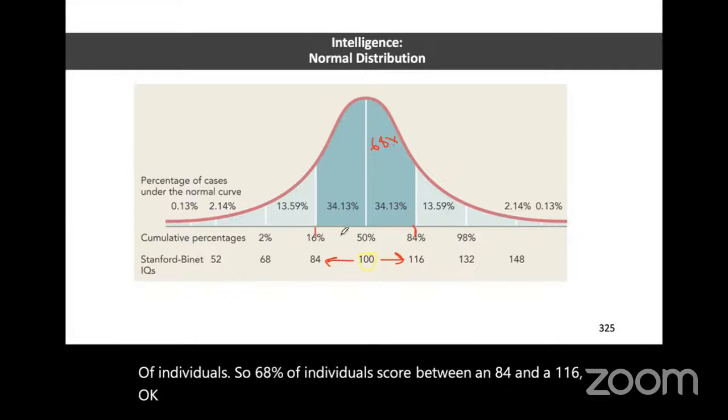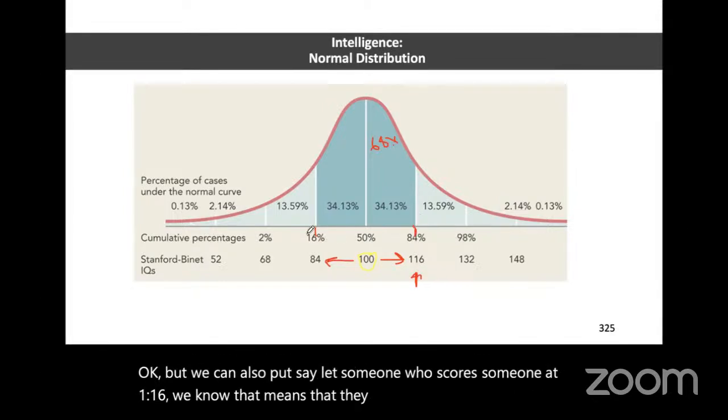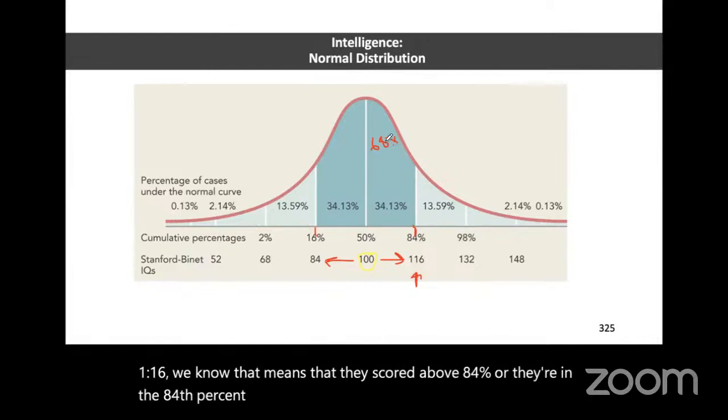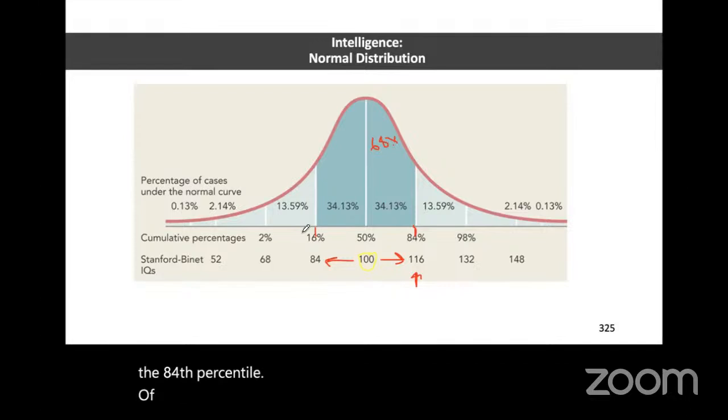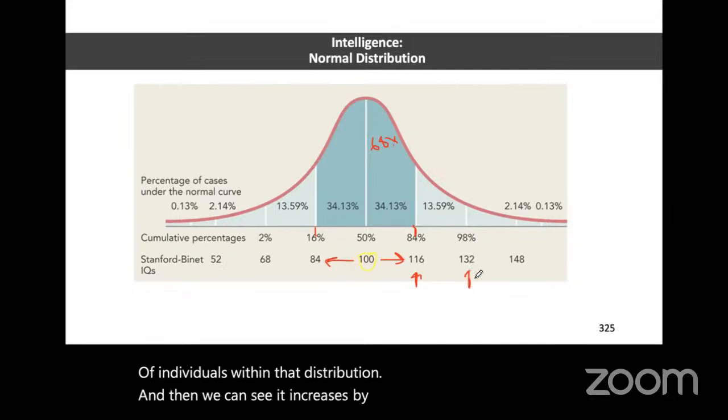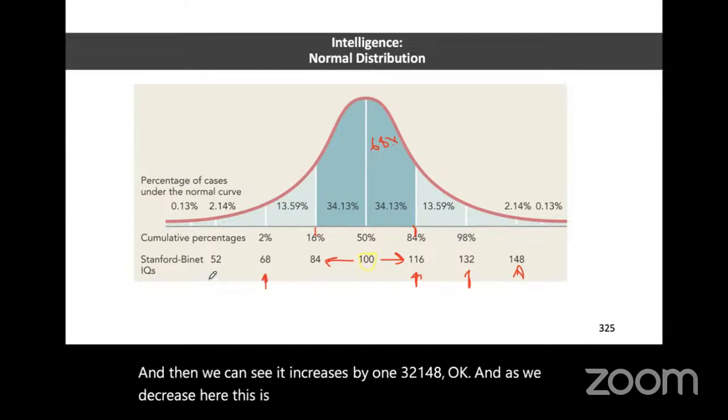Someone who scores 116 scored above 84% of individuals, or is in the 84th percentile within that distribution. Then it increases by 132, 148, and as we decrease, this is how it usually worked.